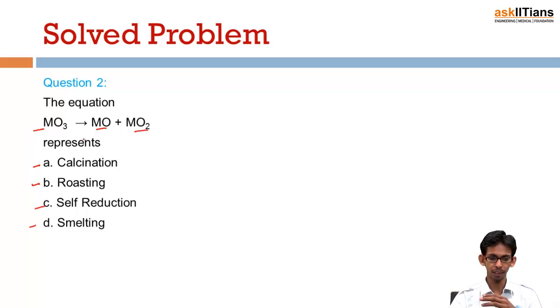This is not a carbonate. Roasting is the conversion of sulfide into oxide. Again, this is not a sulfide. So this is actually self-reduction. We are just heating it and we are getting the metal. So C is the correct option here.